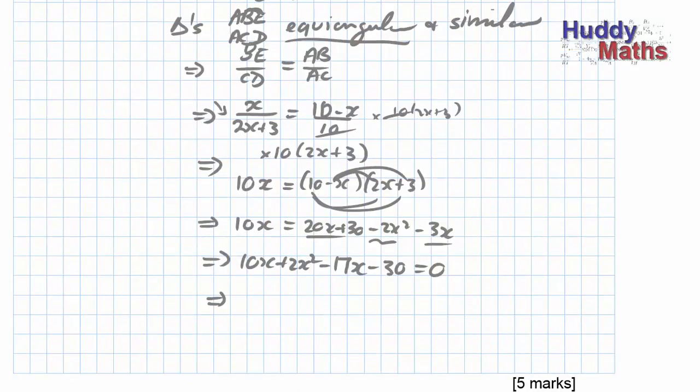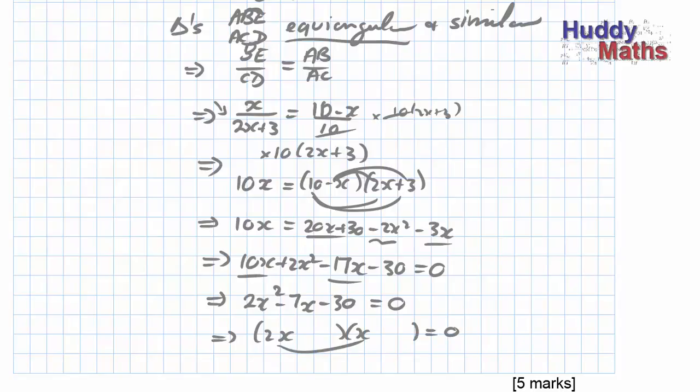So now our answer here is 2x squared, 10x take 17x is negative 7x, take 30 equals 0. So the factorisation isn't that friendly because we've got to have a 2x and an x to get 2x squared from 4. Now we put numbers in here such that when they multiply by 2 and 1 respectively, they give us the right middle term.